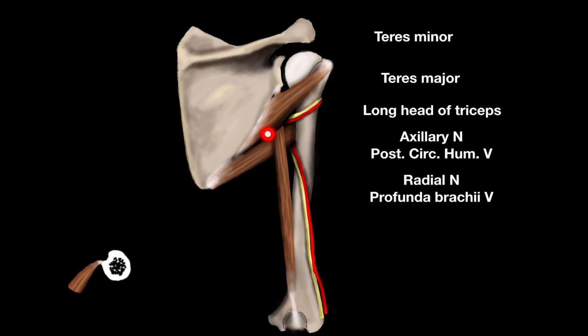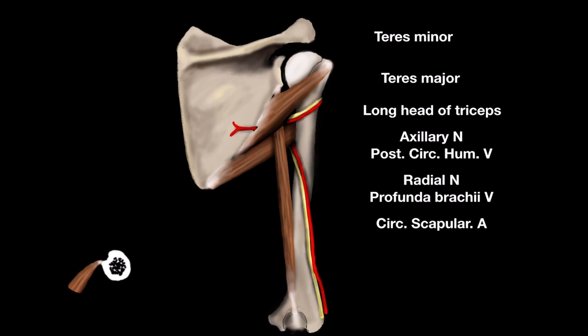Now, the upper triangular space has not much contents. We know the circumflex scapular vessels goes to the infraspinous fossa, piercing the teres minor muscle.